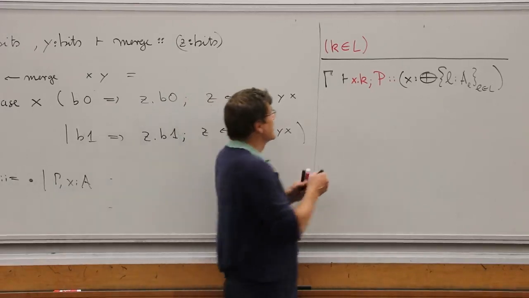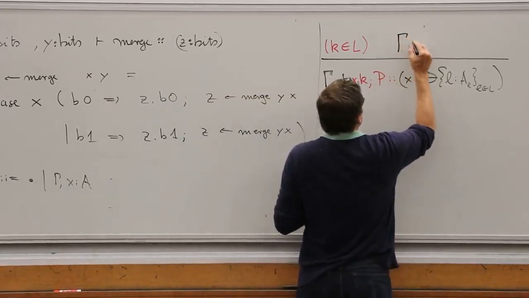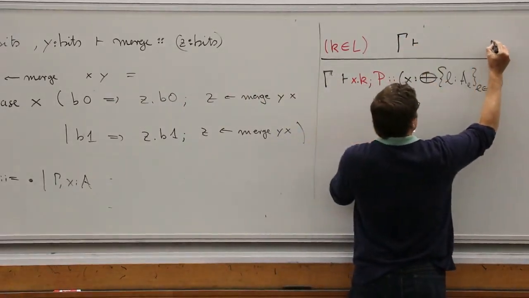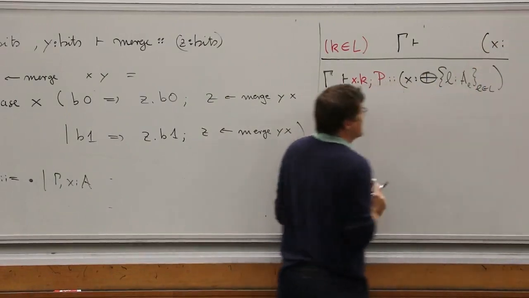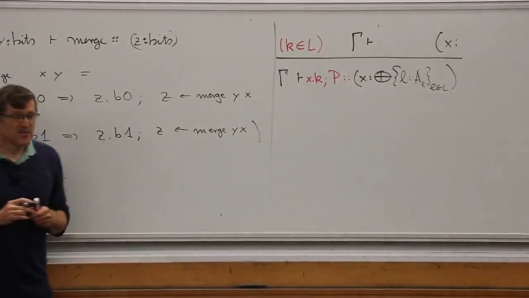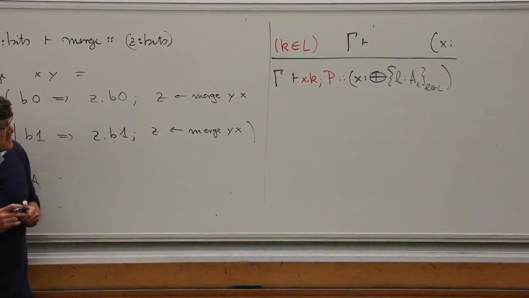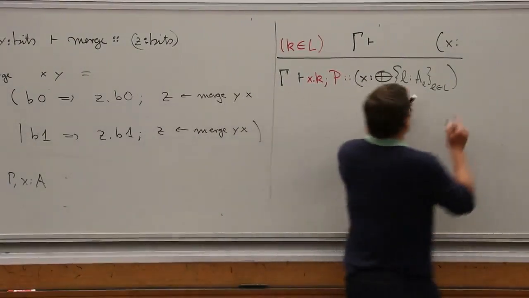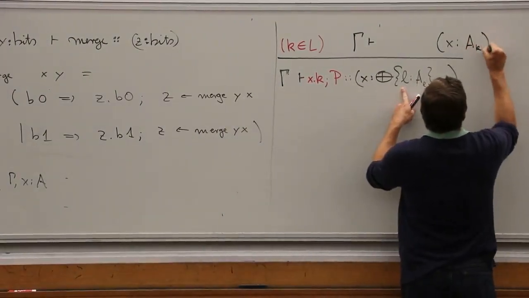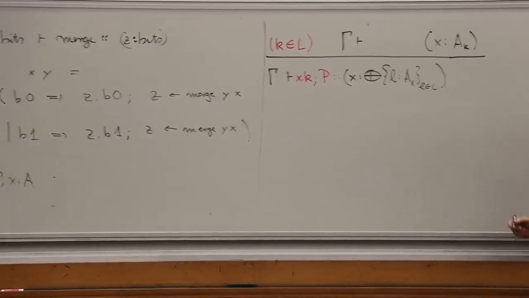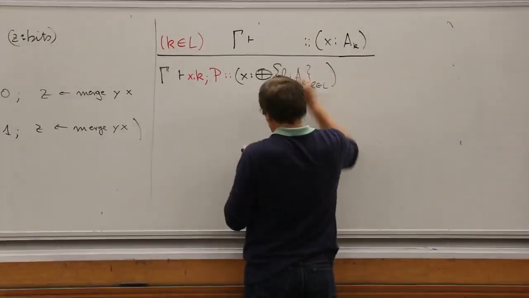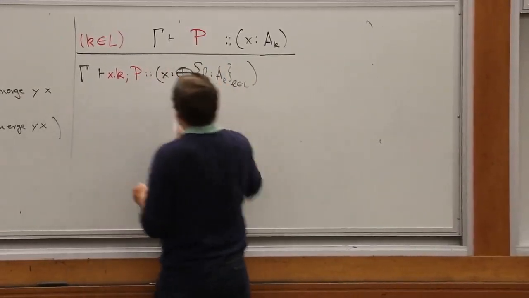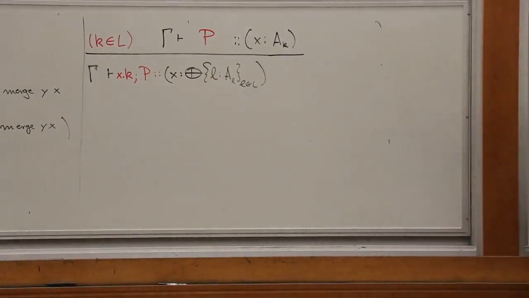And then the next thing we need to know is that in gamma, X has a type. What is the type of the continuation here? It's A sub K, because we send the label K. And we're executing the process P, the continuation P. Okay, does that rule make sense?